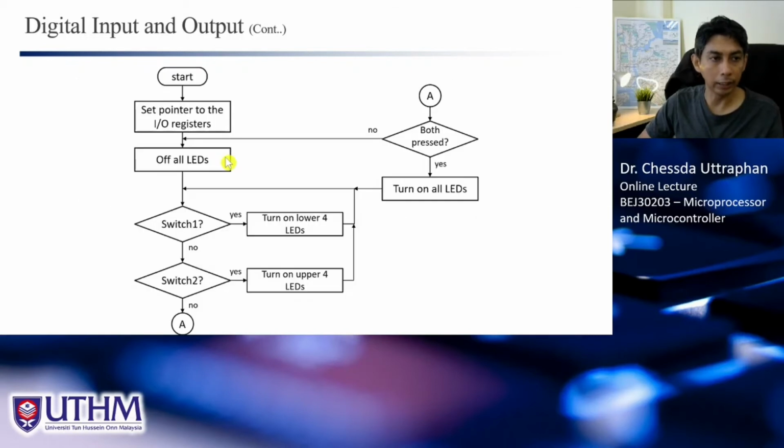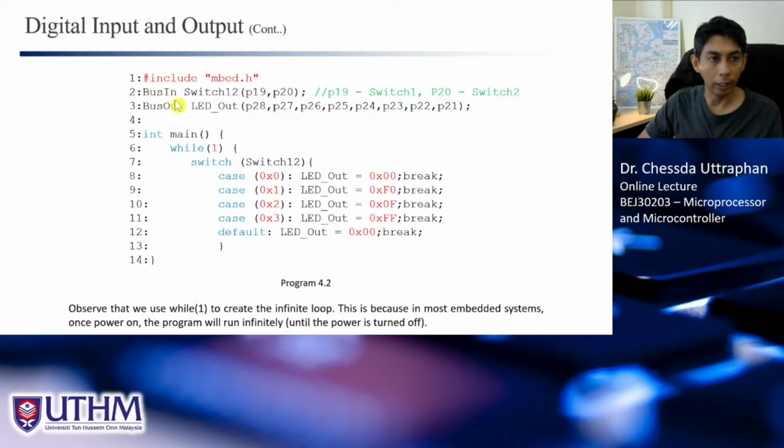But if you use BusIn, you can do something like this, where the input we name switch12 is connected to P19 and P20. So switch 1 is connected to P19, switch 2 is connected to P20, and LED out is connected to P28, 27, 26, 25, and 21, which are 8 pins to connect to the 8 LEDs, right?